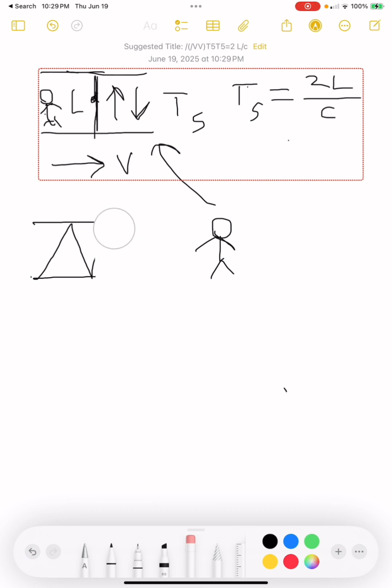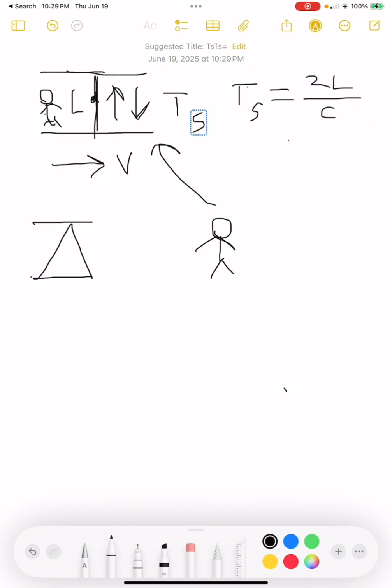Now, let's erase this and let's look at one of these. This would be exactly the same triangle because of reflection points.